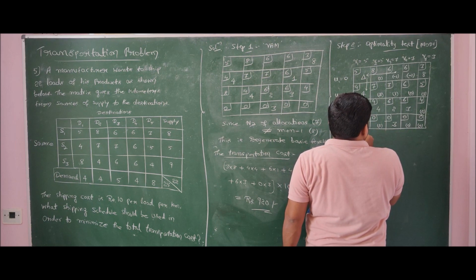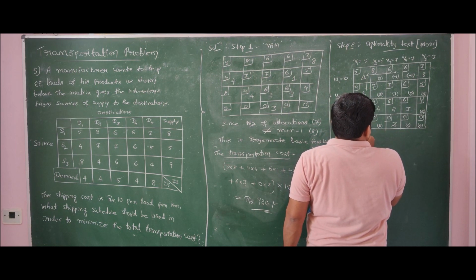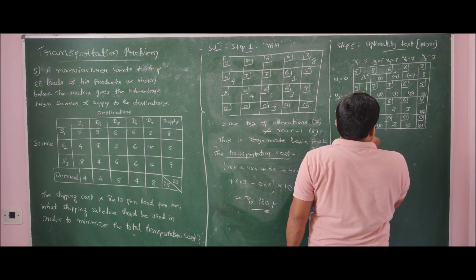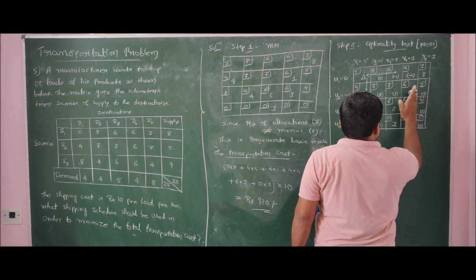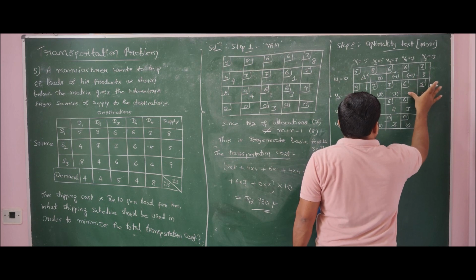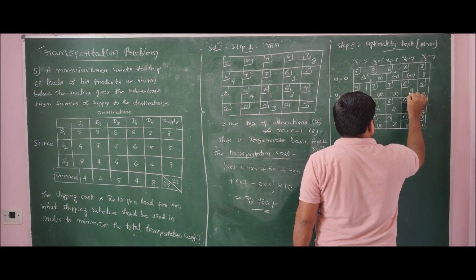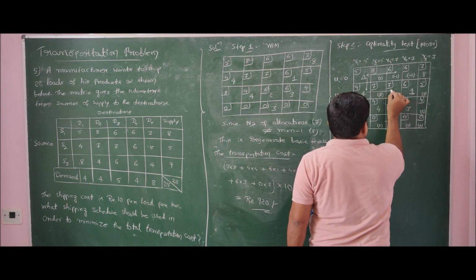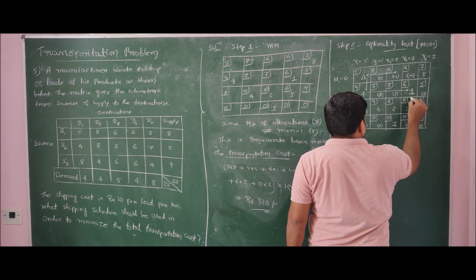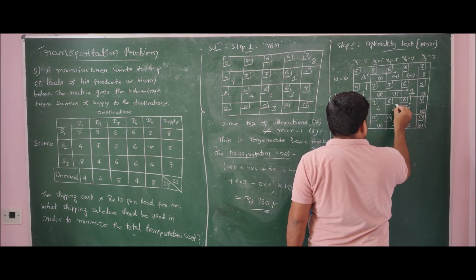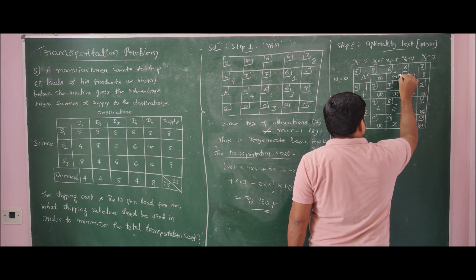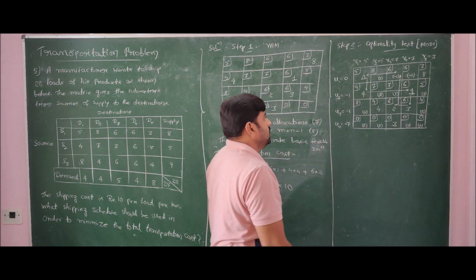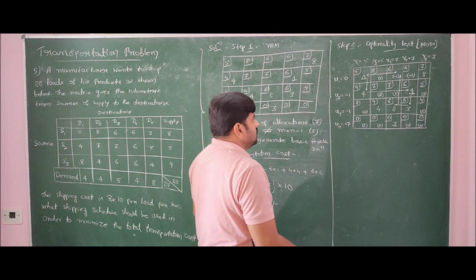Sorry, this one we already have allocation, so I should not calculate. So go here, then come down, then come like this, then move up. That forms a loop, right?